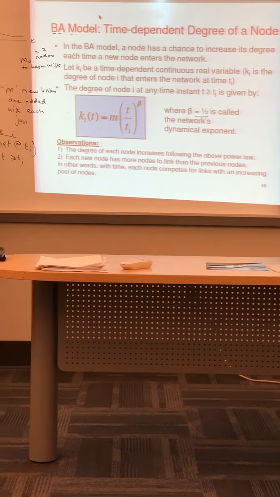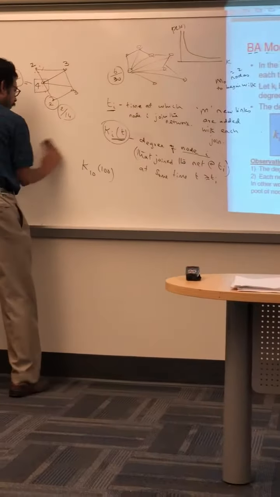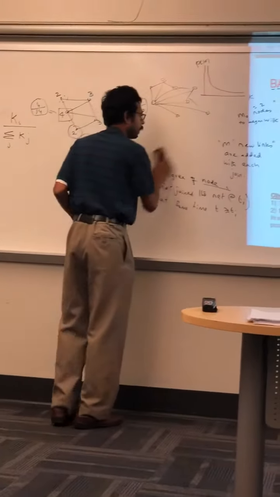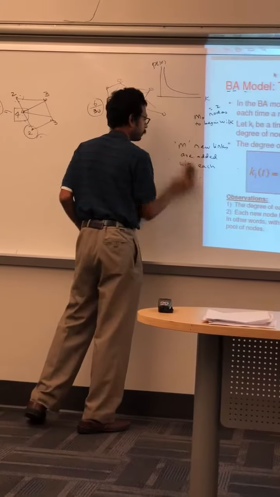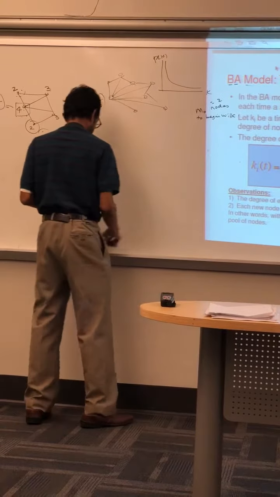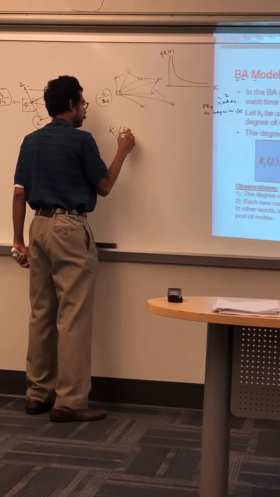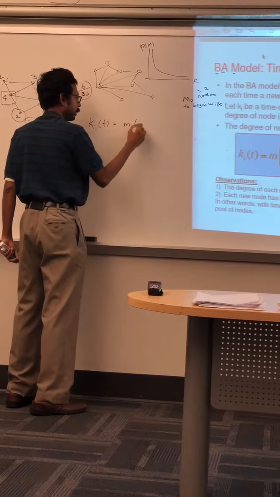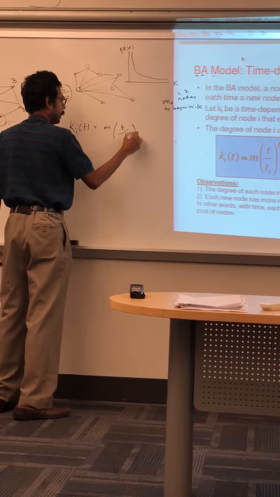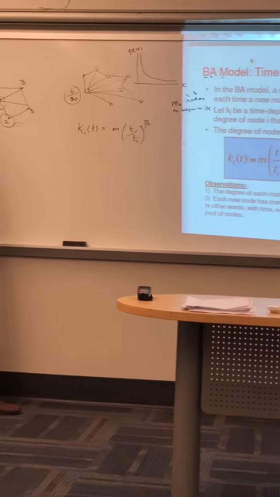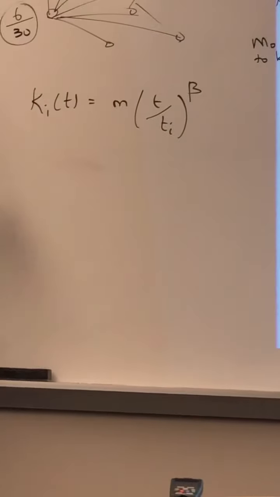Now, let us do this differentiation. You all know how to differentiate a function. So if I have k_i, the variable here is t. Everything else is a constant. t_i is a constant, beta is a constant, m is a constant.